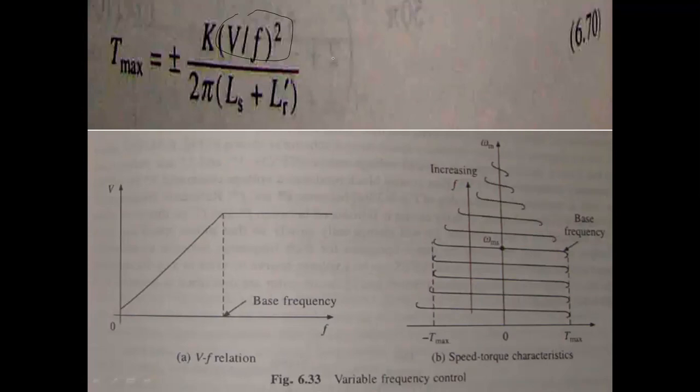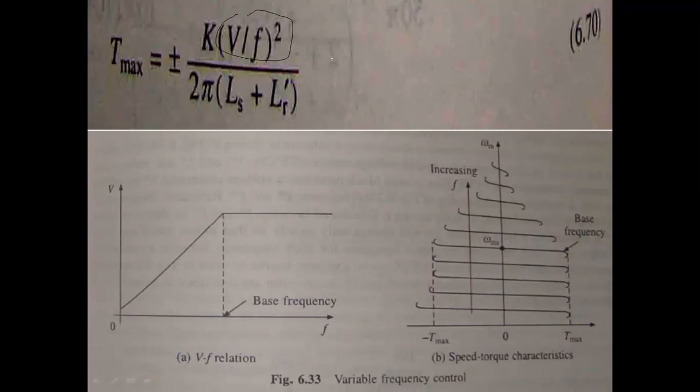But this condition is not applicable at low speeds or low frequencies. If V by f is constant, the motor makes constant maximum load torque, but this is only applicable at high frequencies and high speeds.